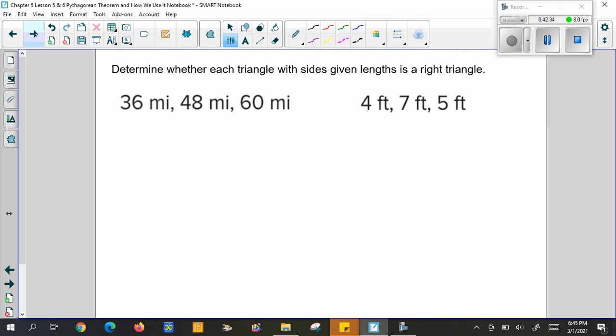I have to assign each of those a variable, A, B, and C. We need to remember that C, which is that hypotenuse, is the largest measurement. So the 60 has to be my C, which means the 36 and the 48 are my A and B.